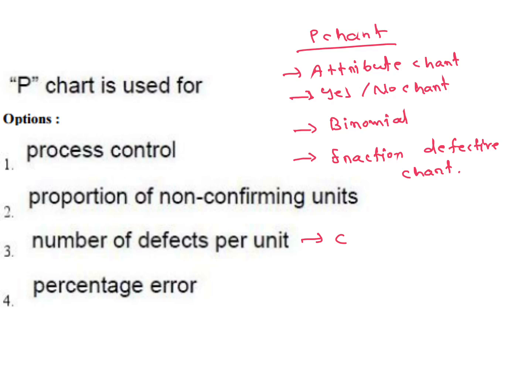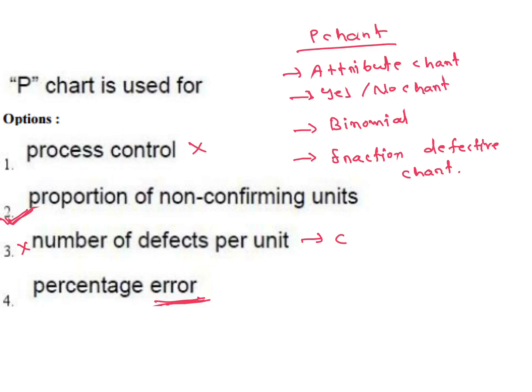So both are important. Option 3 is not possible, either 2 or 4. Most probably 2 is the answer, proportion of non-conforming units, because fraction defective we are calculating in the P chart. Error we are not calculating; we are calculating whether it's conforming or not conforming.